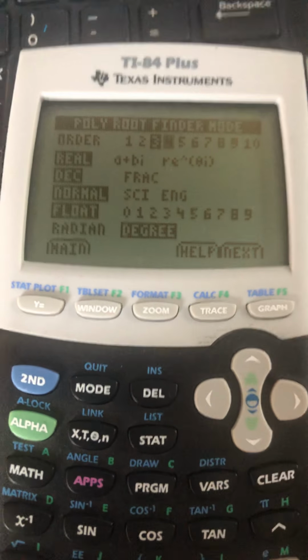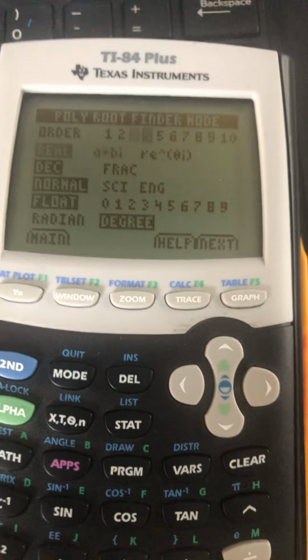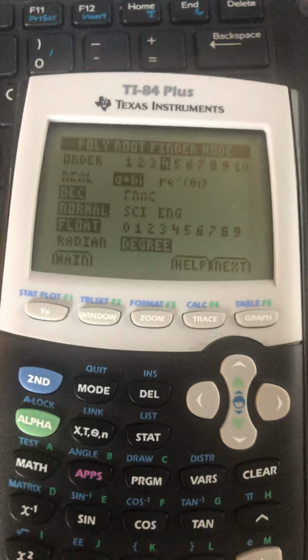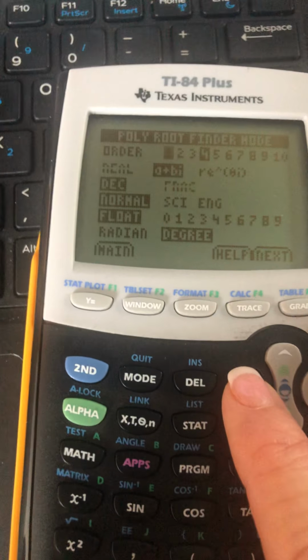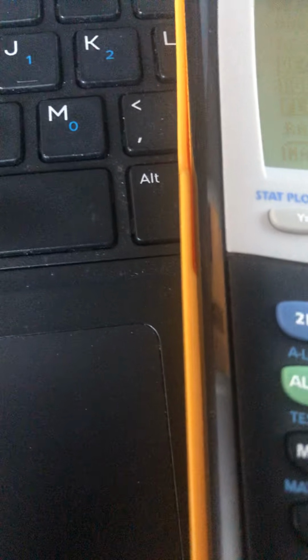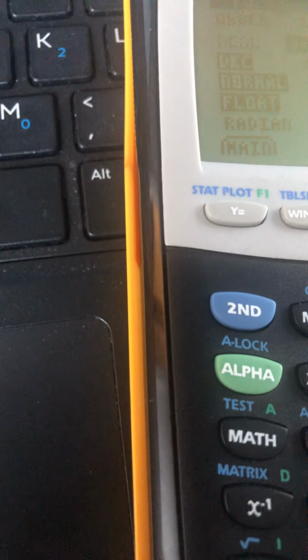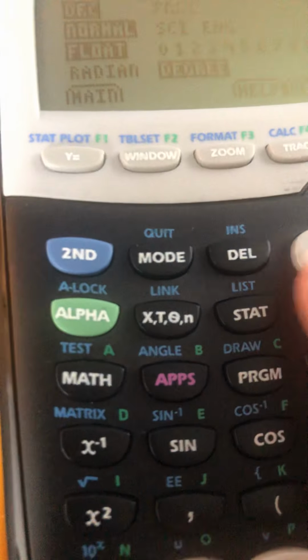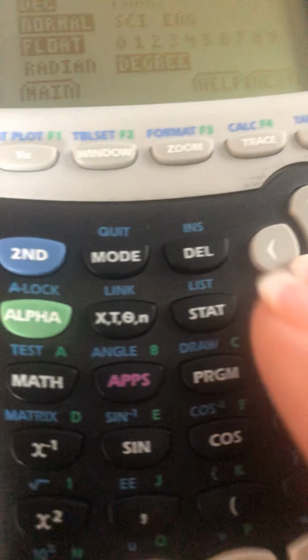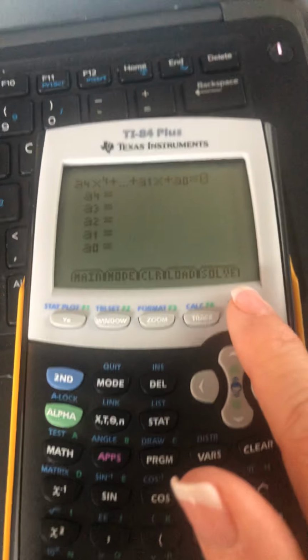And this time we're going to choose 4 because our highest exponent is 4. So I'm just going to go back and be sure it's on real. I don't know why I changed that. Oh, well, it's not going to let me change. I don't think it'll make a difference, so we're just going to go on.